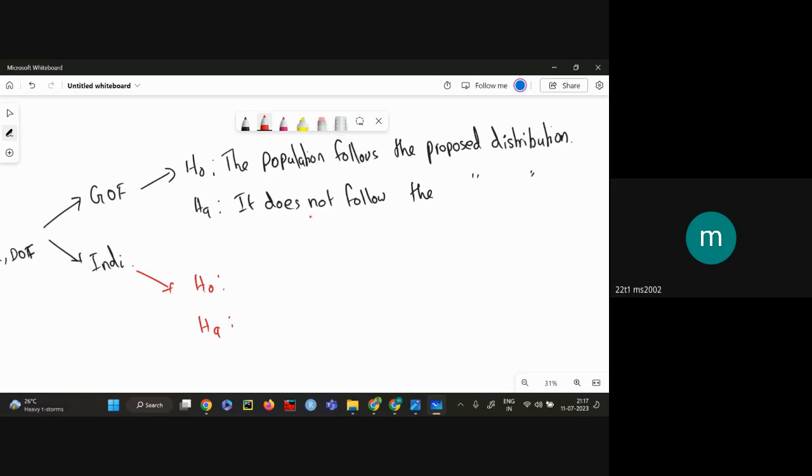The null hypothesis is that the categorical variables are independent, and the alternative is that the categorical variables are not independent. Okay. So this is the null hypothesis for the goodness of fit test and test of independence. Okay. Now what do you want to know?